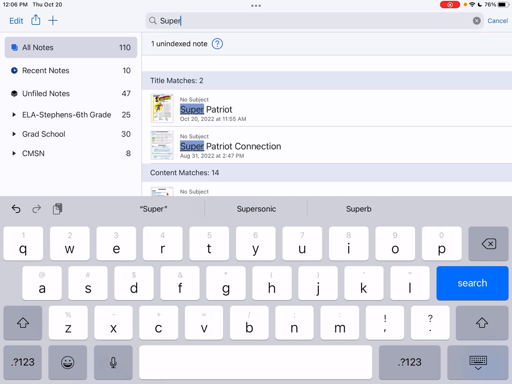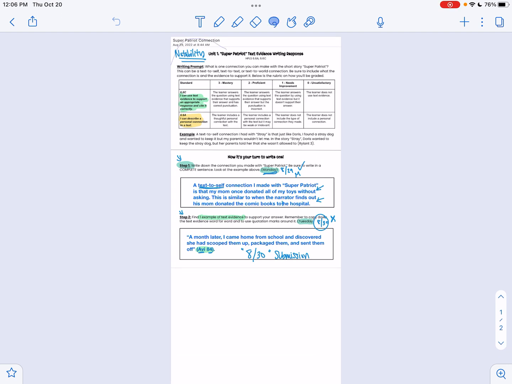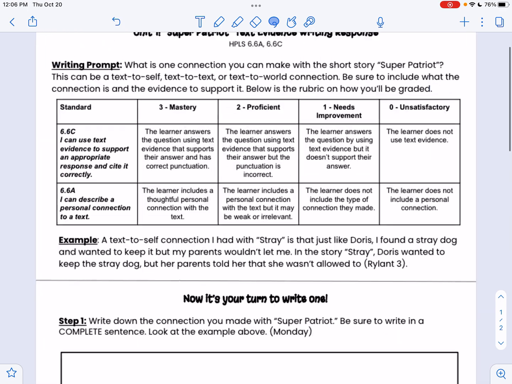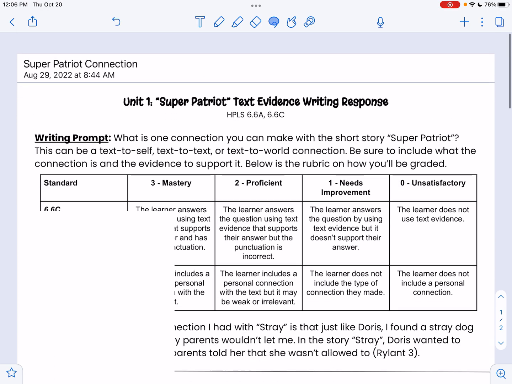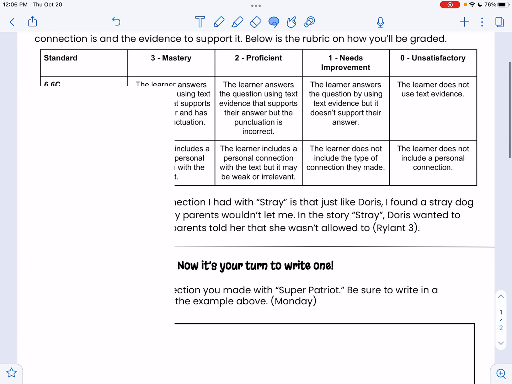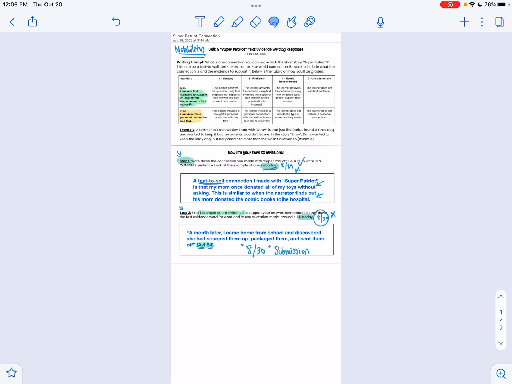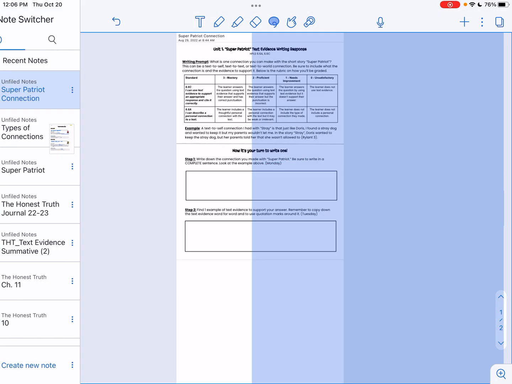All right, in task 2, you're gonna be on Schoology. And on Schoology, you're gonna see this worksheet. Okay, so you'll see this in task 2, make a text connection with Super Patriot. Now, you have already made a connection on your notes, right?